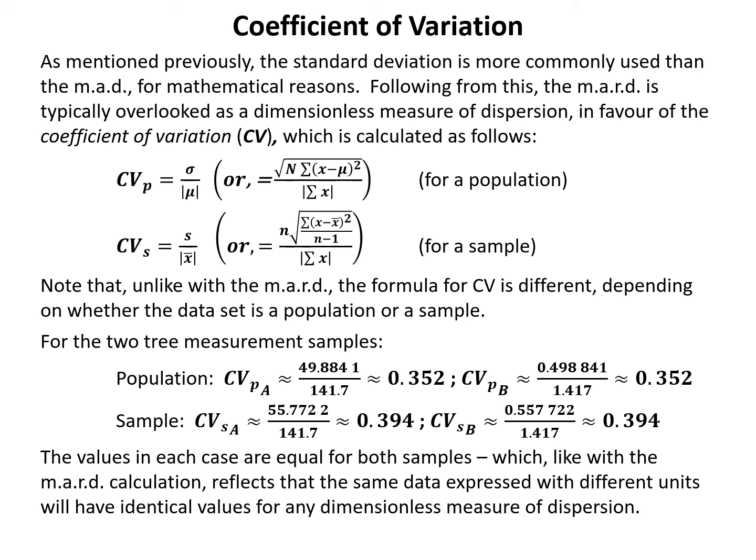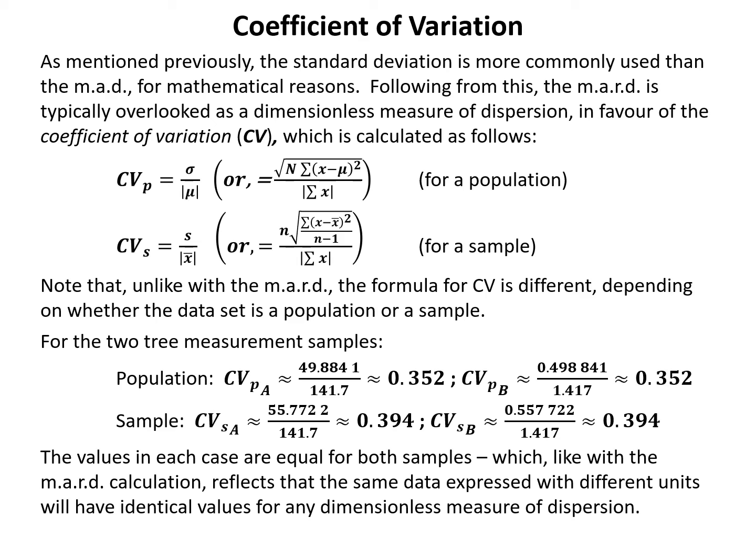And again, notice here we get the same CVP for both data sets A and B. And likewise, if we treat the data sets as samples, we get CVSA as 55.7722 divided by 141.7, which equals 0.394. And for B, we get 0.557722 divided by 1.417, which also equals 0.394.